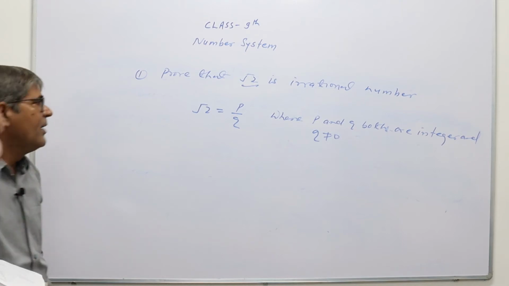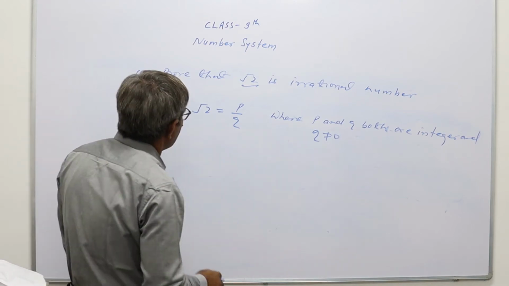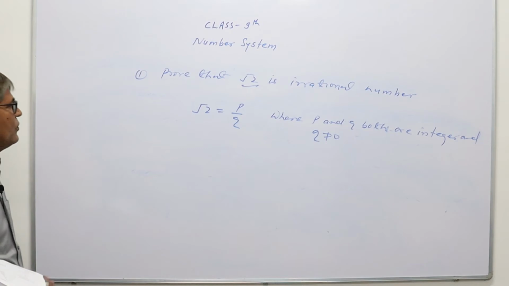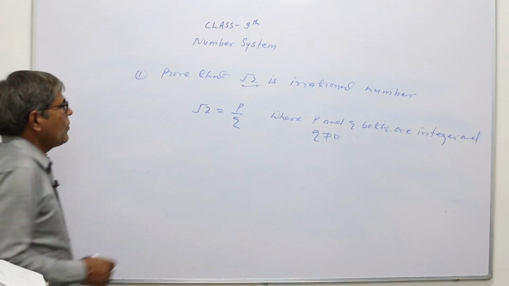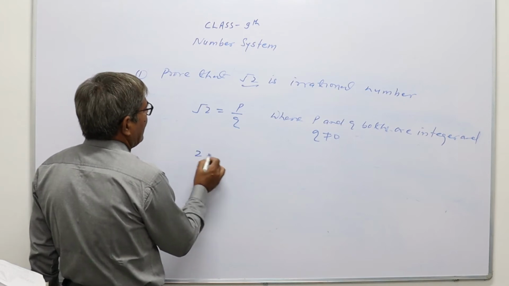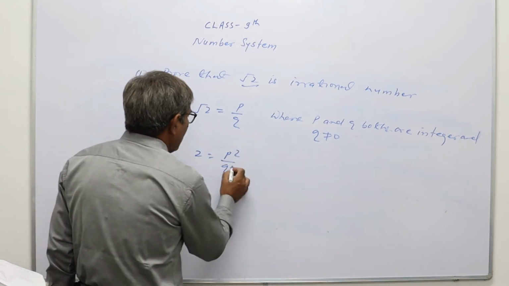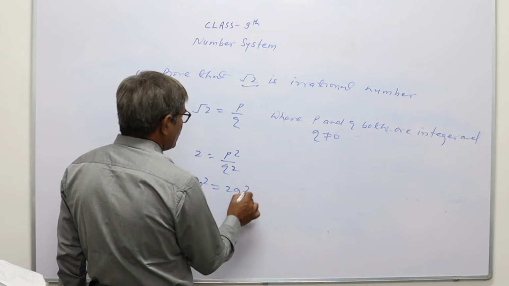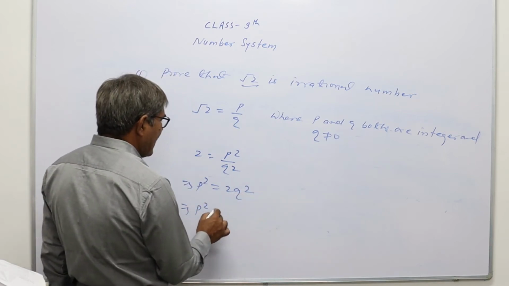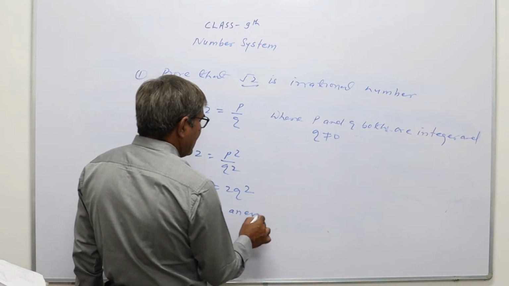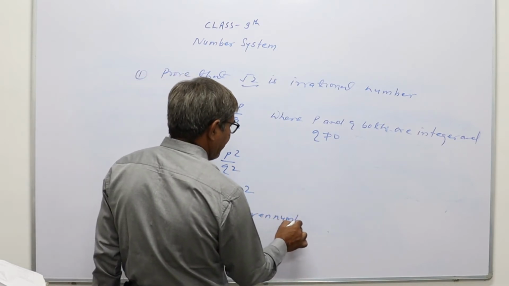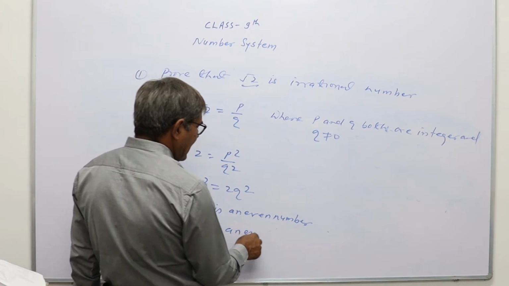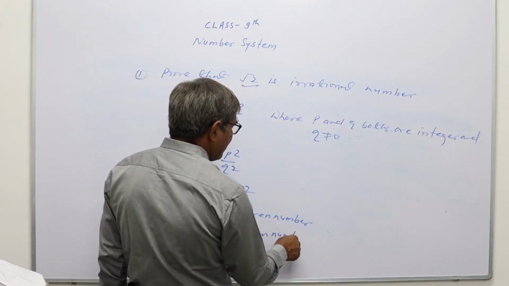Now squaring on both sides, 2 equals p square upon q square, which implies p square equals 2q square, which implies p square is an even number, which implies p is an even number.